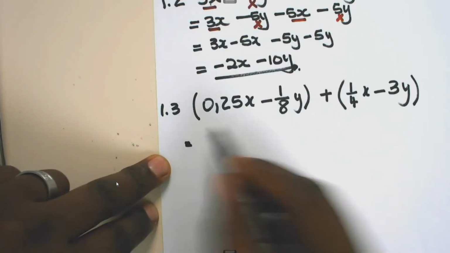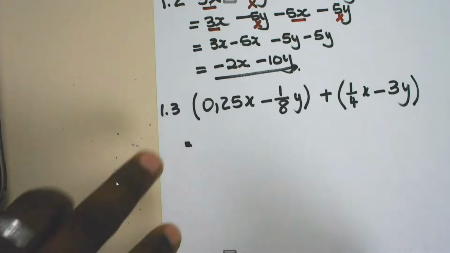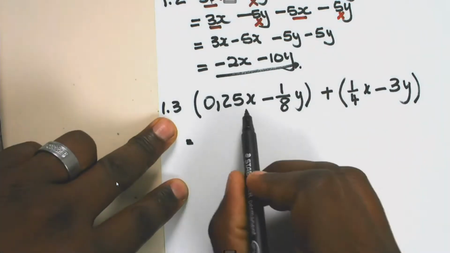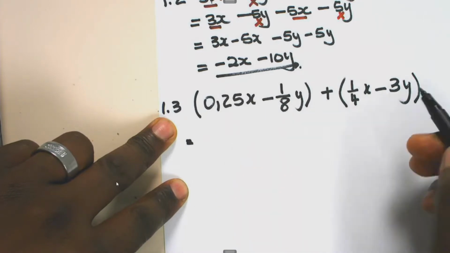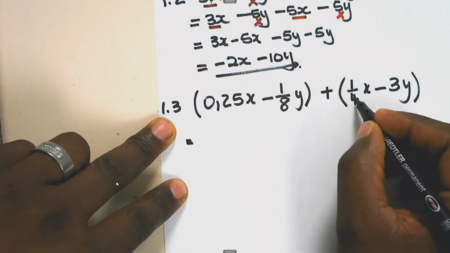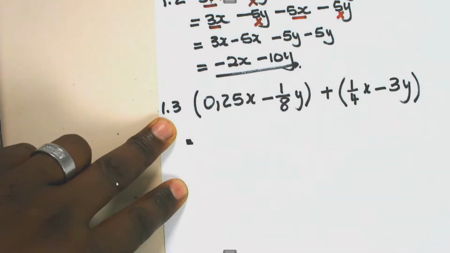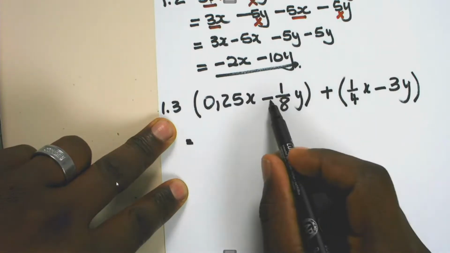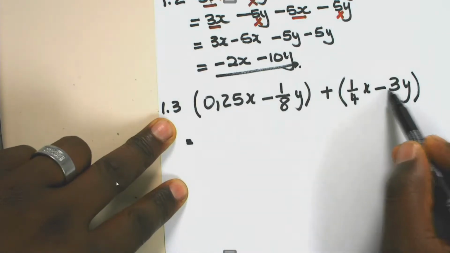Oh, there is no monster, otherwise it is just the fractions. All right. Now, careful. In this case, we are adding 0.25x to 1 over 4x. And then we are also going to add negative 1 out of 8y to negative 3y.